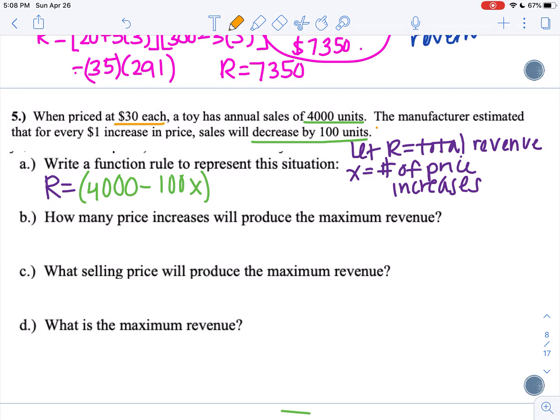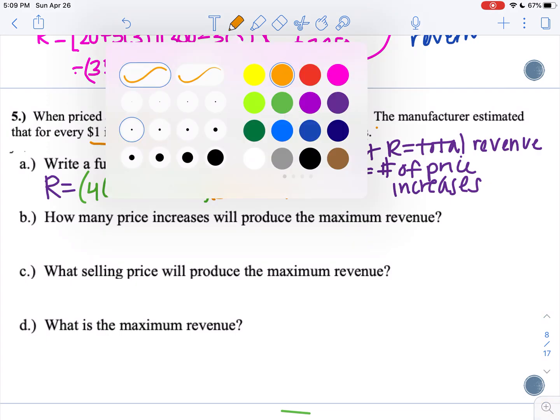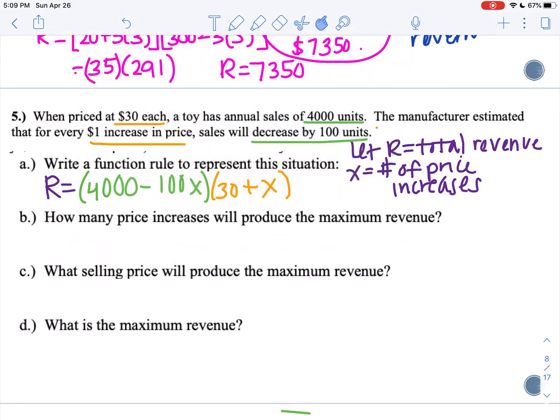Well, it's originally $30 each, and it increases $1 per increase in price. So I'm going to write 30 plus x. Okay, we now have our function. So what I want you to do is now use number 4 as kind of a guideline and solve B, C, and D. So pause the video, try to figure out the maximum revenue, how many price increases, what's the selling price, and what's the maximum revenue.